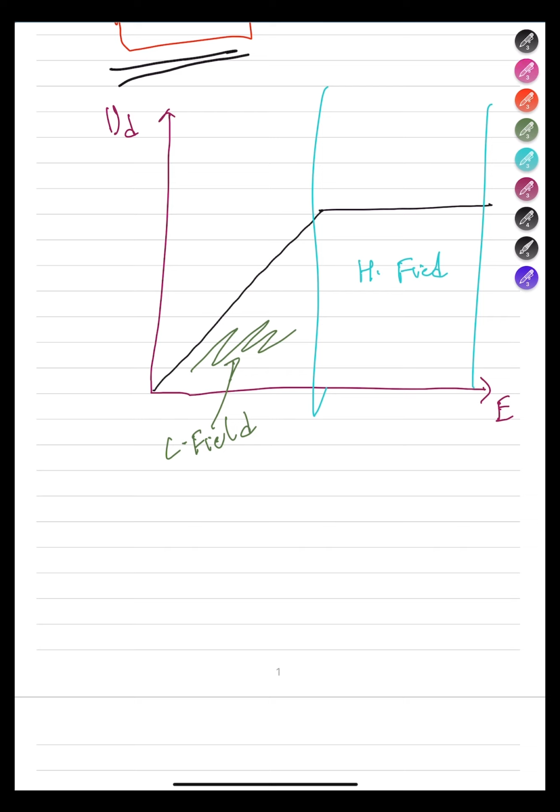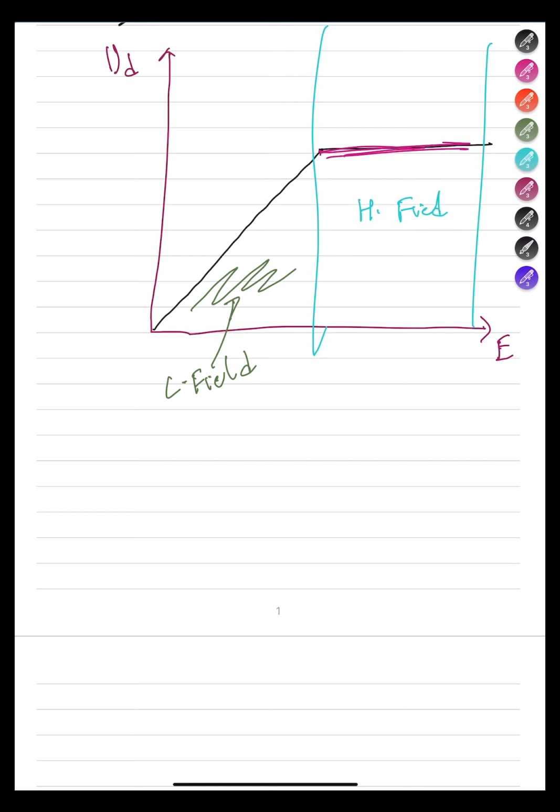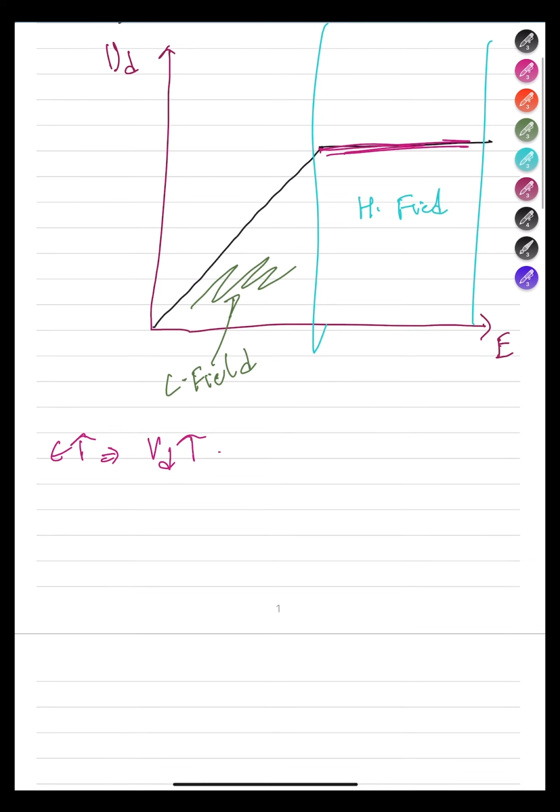The reason it gets saturated is that as the electric field increases, the velocity as usual increases. But because the velocity is increasing, there will be more scattering.